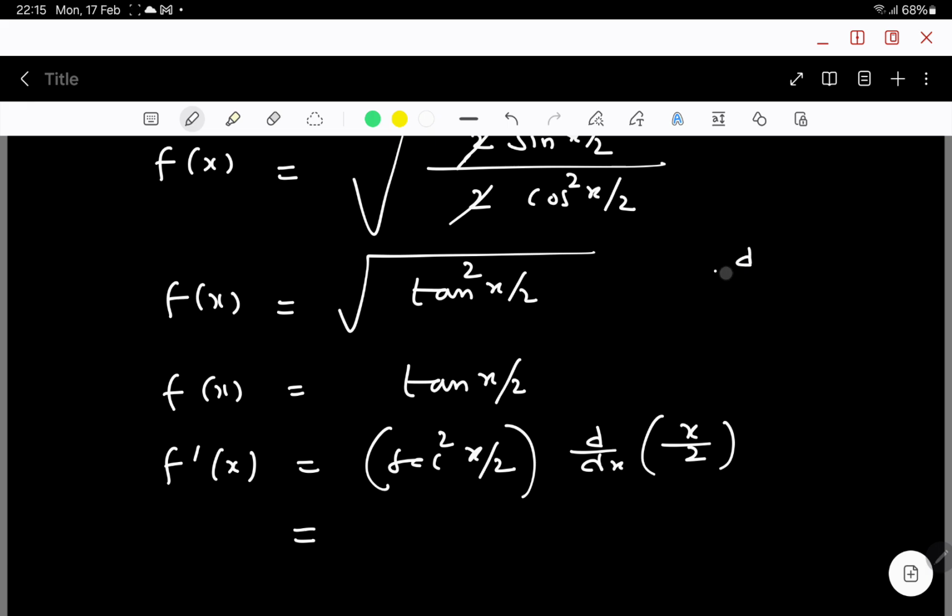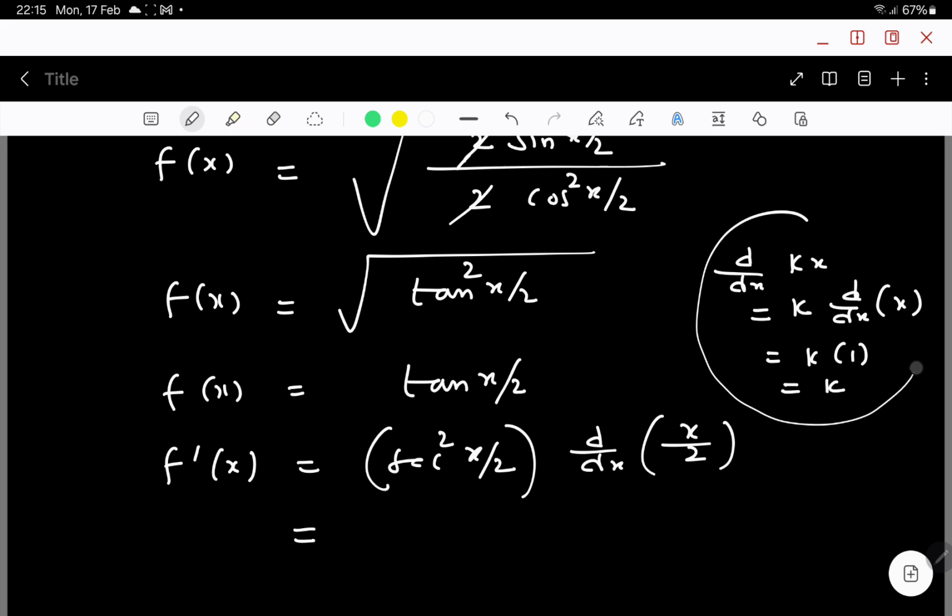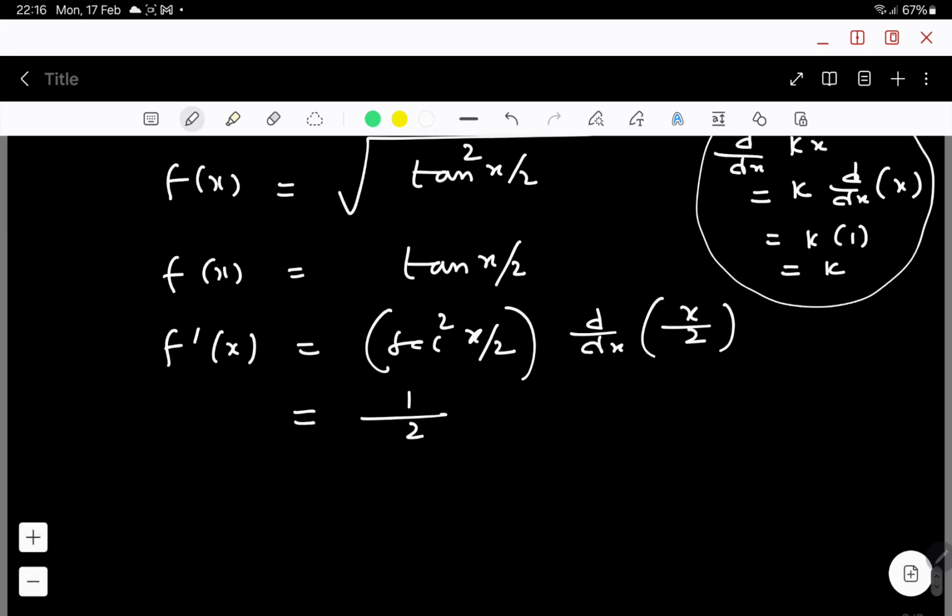Don't differentiate a constant if it is separate, since d by dx of a constant is 0. But k is in product with a variable, so we write k separately and differentiate x only. So d by dx of x is 1, that is k. So d by dx of x by 2 is 1 by 2. So write 1 by 2 secant square x by 2. That's all.